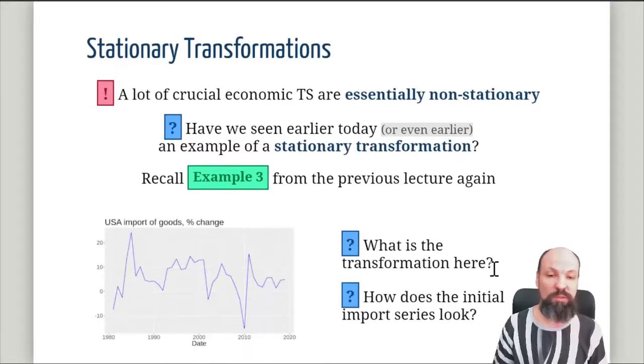So that was import of goods measured in some monetary value, probably in dollars or something. But what if we plotted it? What did the graph look like? What are the distinctive features of the dynamics of the initial import? Upward trend.